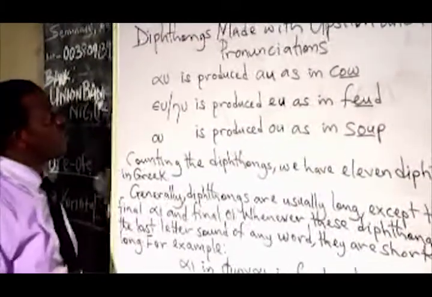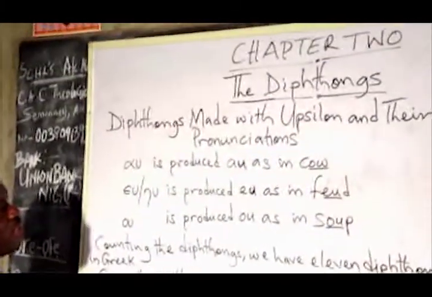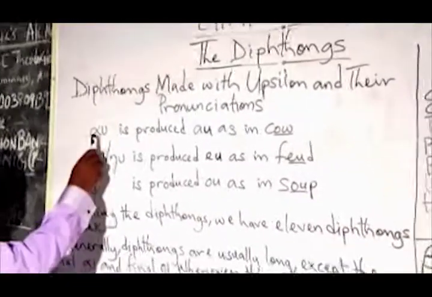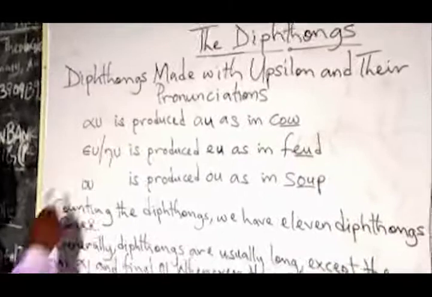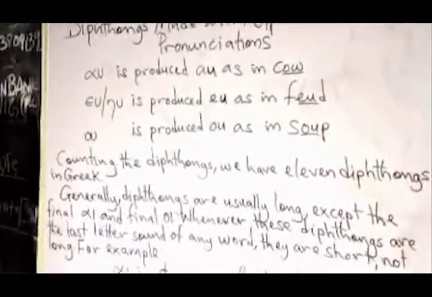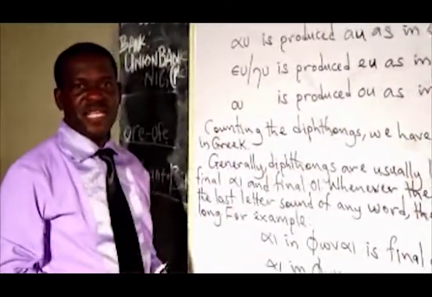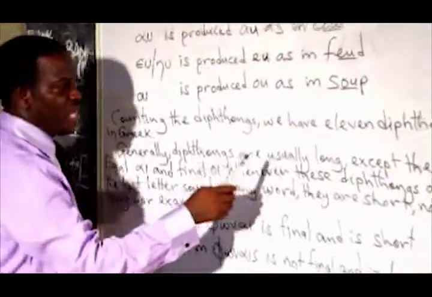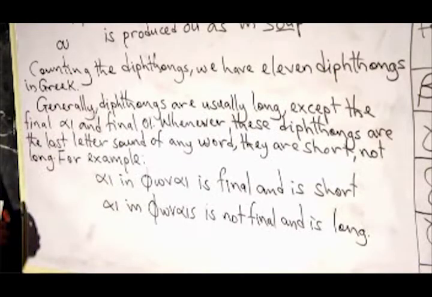These are the diphthongs made with upsilon, and they are 4: 1, 2, 3, 4. Diphthongs made with iota are 7 in number. So when we count them, we have 11 diphthongs in Greek.